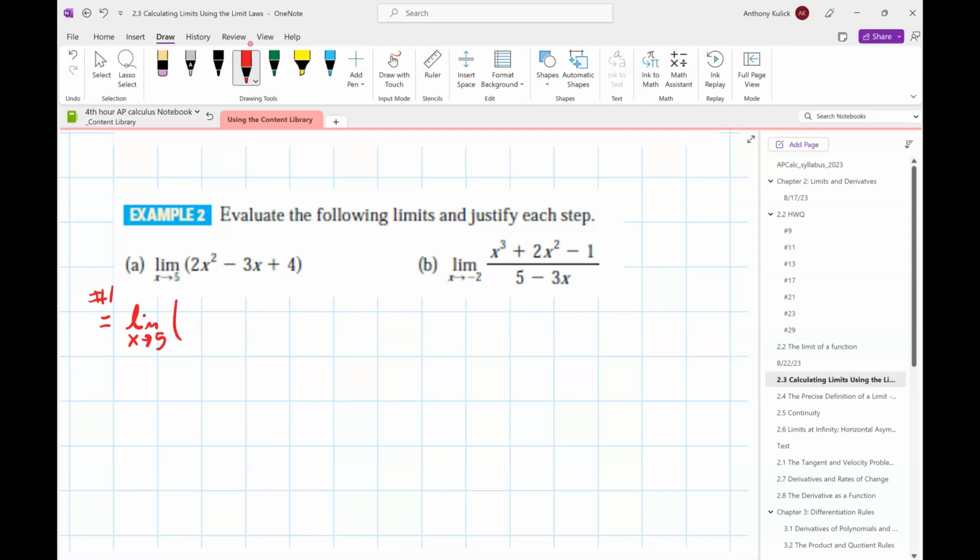That allows me to break the limit at the plus sign. And then maybe let's use property 2. That allows me to break the limit at the subtraction sign.